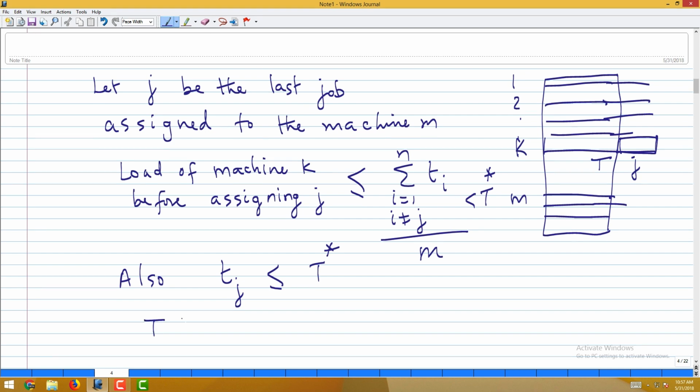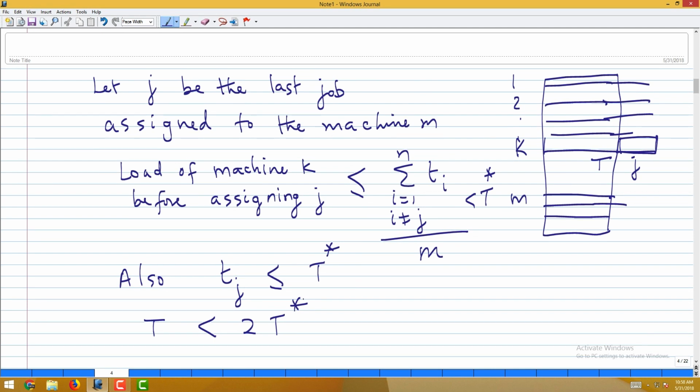T now is this plus this. But this alone we already argued is at most T star, and this is at most T star. So T is strictly less than 2 T star. Agreed? That is what we wanted to show, the makespan of the machine.